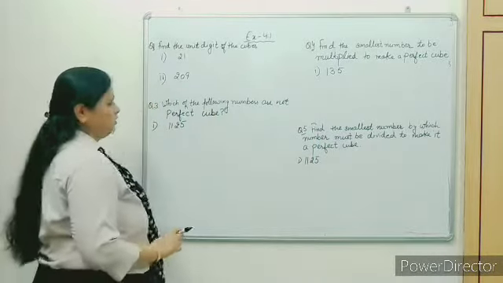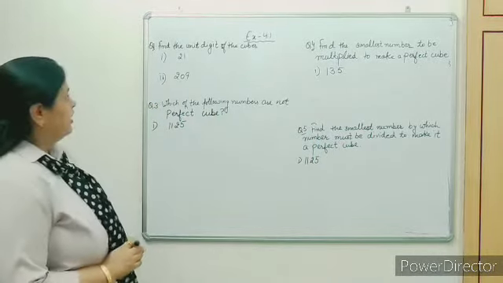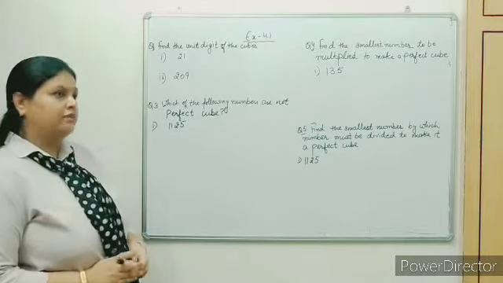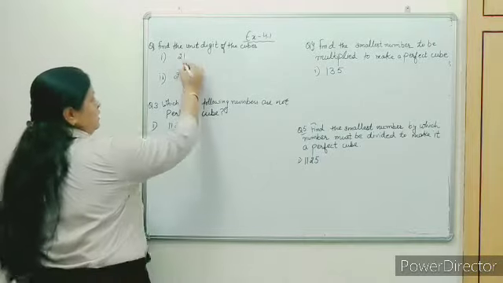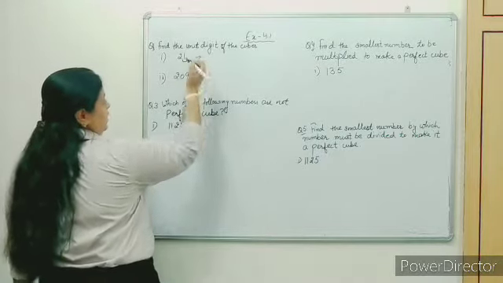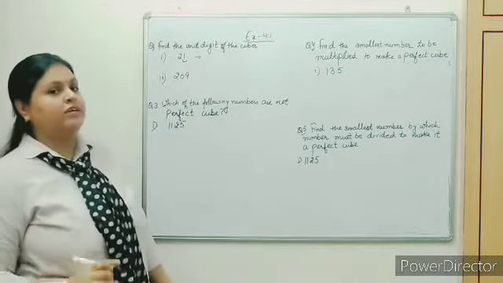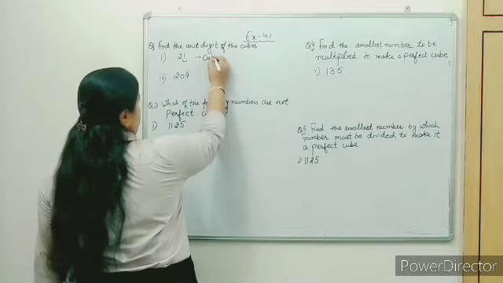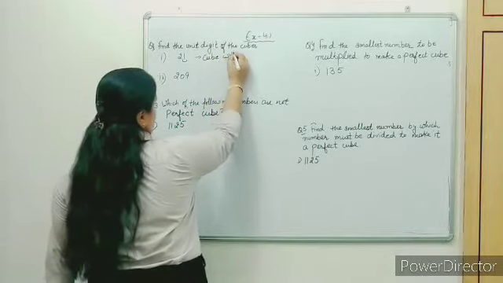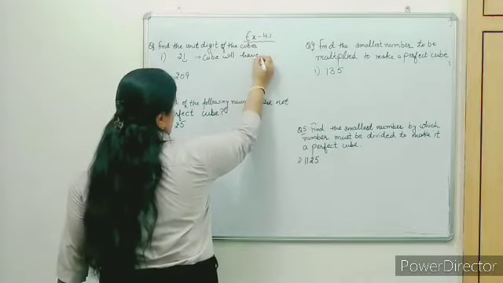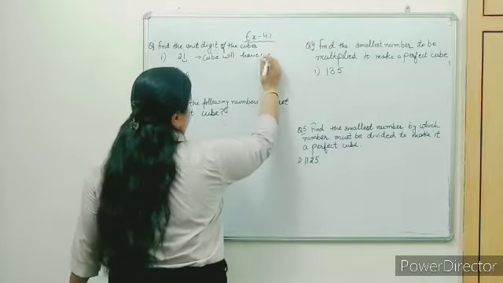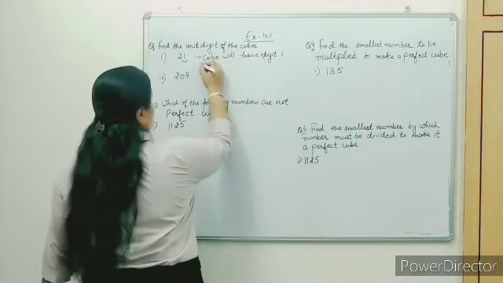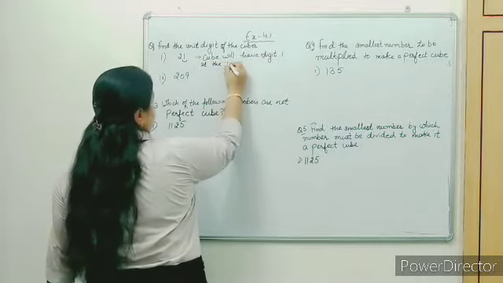Exercise 4.1, first question. Find the unit digit of the cubes. Simple question. Properties 4, 5, 6. When a unit digit is 1, then the cube will have digit 1 at the unit place.